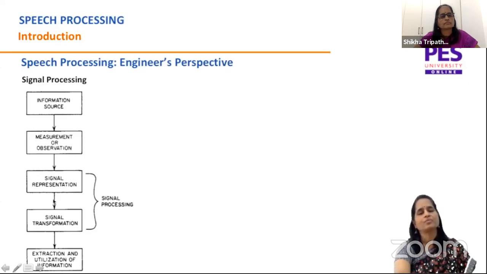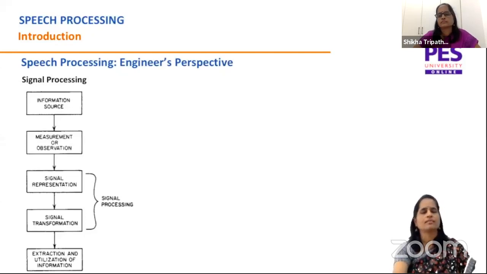Then we do some kind of transformation if required, so that we can see the signal from a different perspective and make something useful out of it. That results in the extraction, utilization and visualization of the information generated from the source.